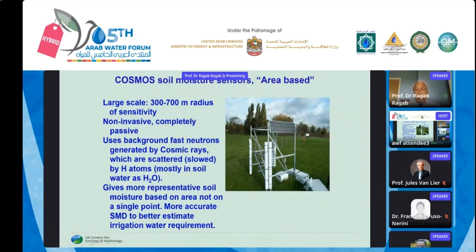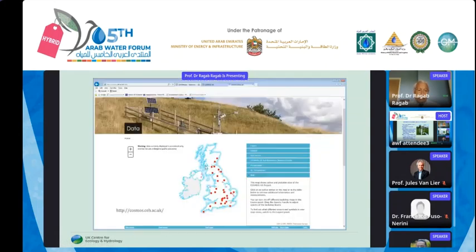It is like a neutron probe, but it doesn't have any radioactive source. We have about 52 stations across the UK, and they produce online data. You can visit the website, because we use this data to predict the runoff.